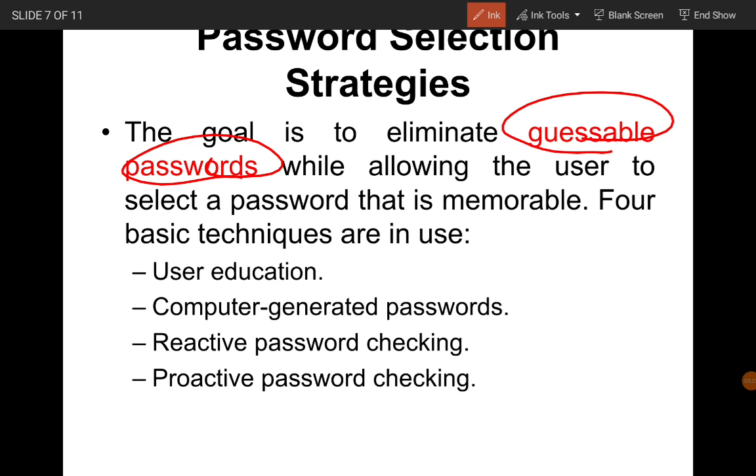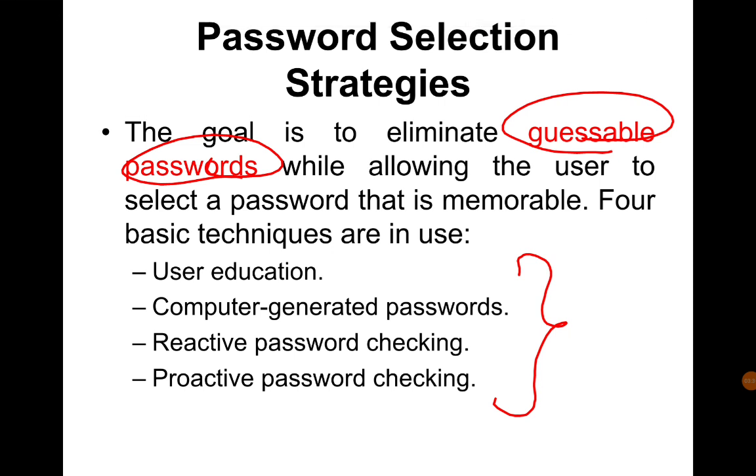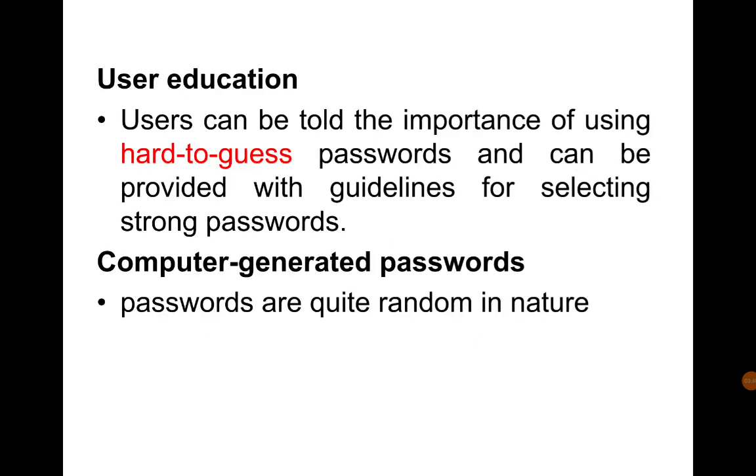At the same time, it should not be easily guessable by the attacker. So we may go with 4 techniques: user education, computer generated password, reactive password checking, and proactive password checking. They are called password selection strategies.